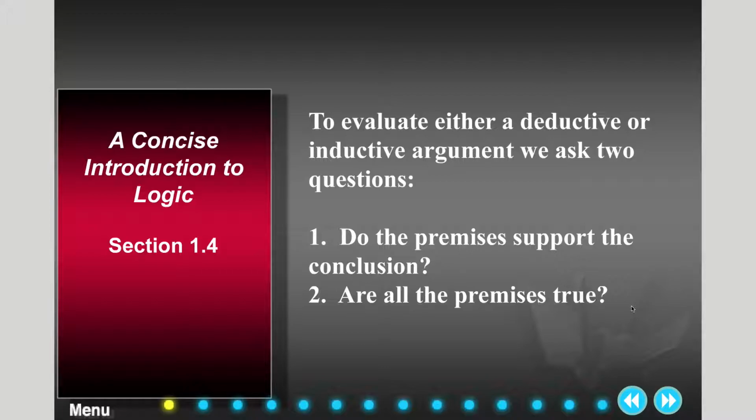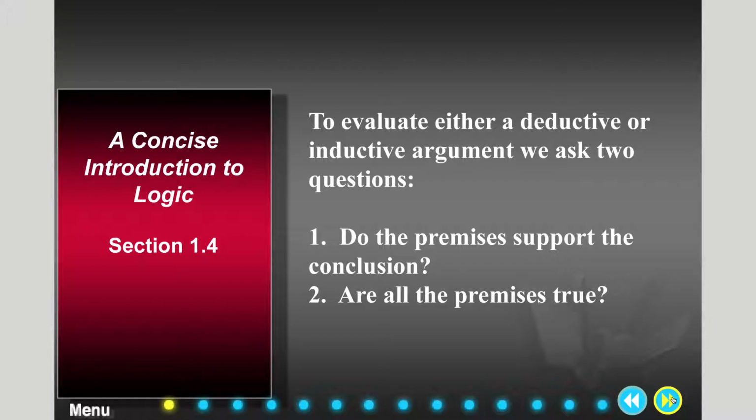You're only asking whether, if they are true, that leads to the conclusion of that argument. Then our second step, for both, will be to ask, are the premises actually true, if they turn out to be valid or strong arguments? Okay? So that's only the second step.